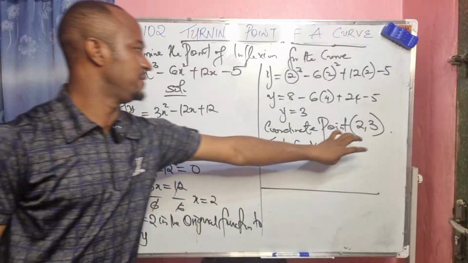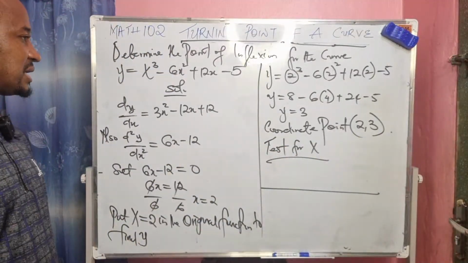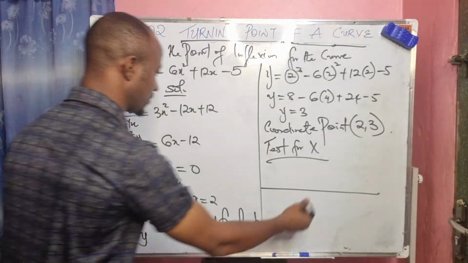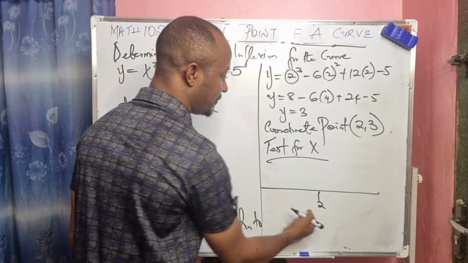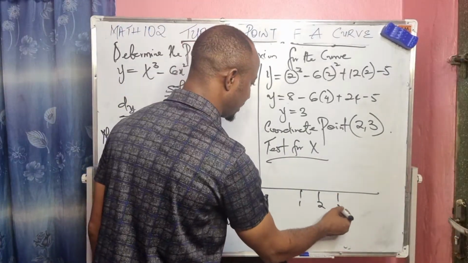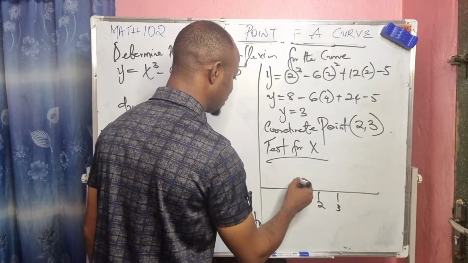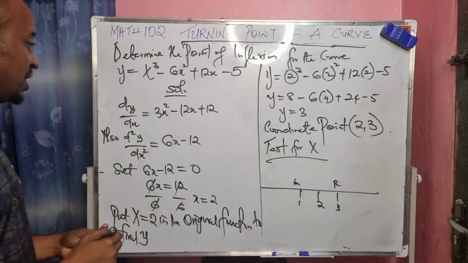Let's verify if our point of inflection occurs at (2, 3). We test for 2. To the left of 2, when you subtract 1 from 2, we have 1. To the right of 2, we have 3. Don't forget, this is our left and this is our right. So let's see if the sign changes.